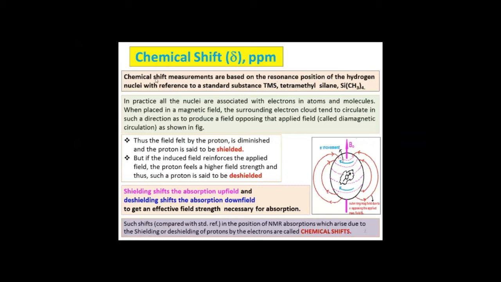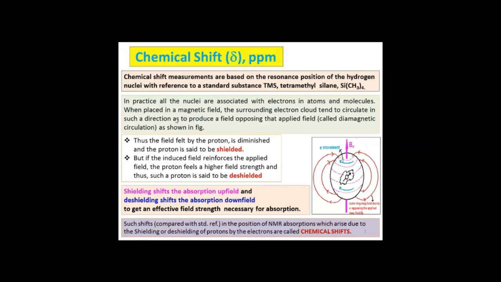So chemical shift is the resonance position of the hydrogen nuclei with reference to a standard substance, that is TMS. It is the difference in the positions of the hydrogen nuclei with respect to TMS. In practice, all the nuclei are associated with electrons in atoms and molecules.